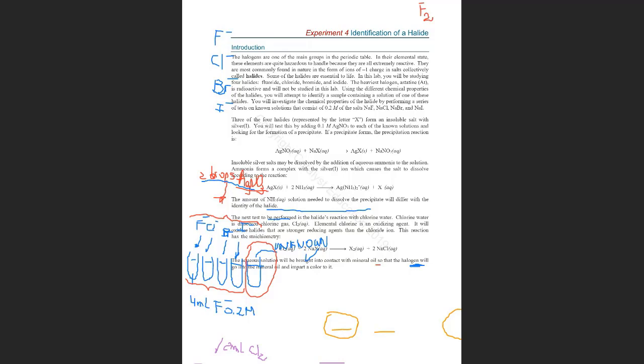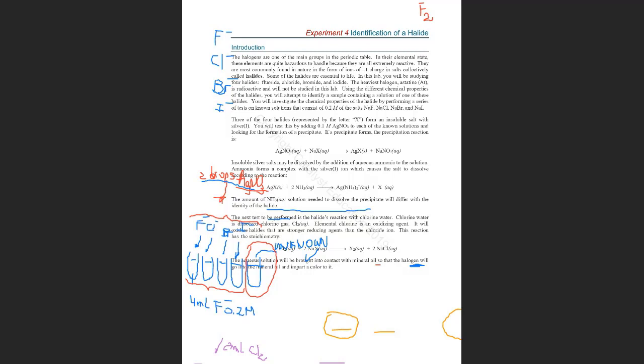Usually you have the periodic table, with fluoride, chloride, in this order, bromide, iodine.